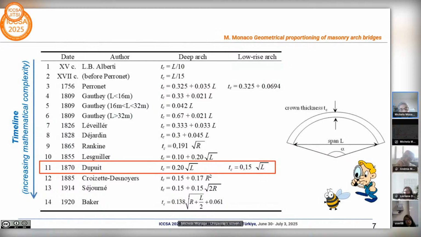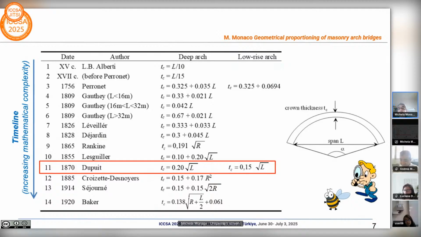Here I have put in evidence the relation by Dupuy to consider the fact that small thickness for low-rise arches is perhaps not so safe as it could be at first glance. But nevertheless, several arches built with these proportions are nowadays in service.